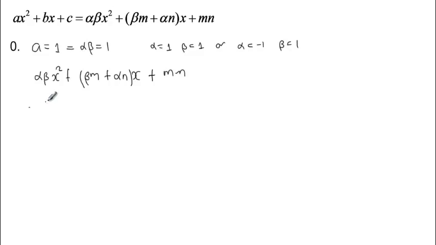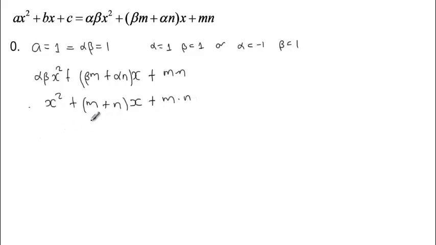Then this will look as x squared plus m plus n, because beta is 1, alpha is 1. You've got that. Then you've got x here plus m times n.